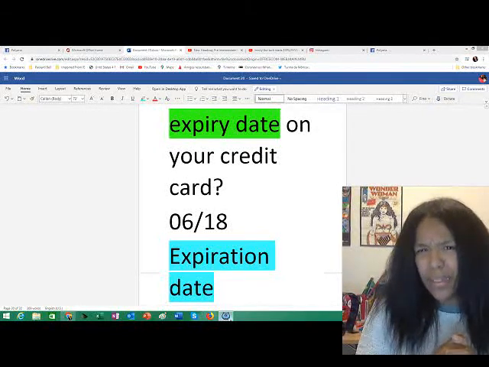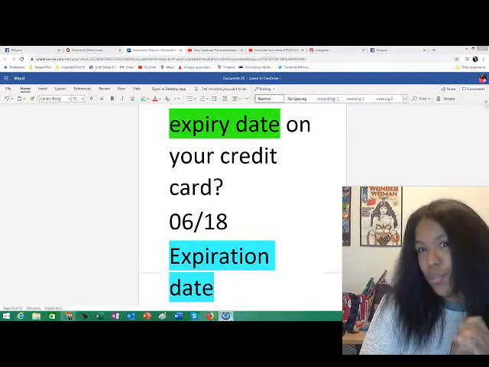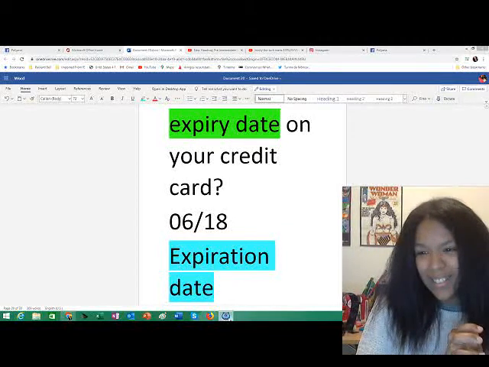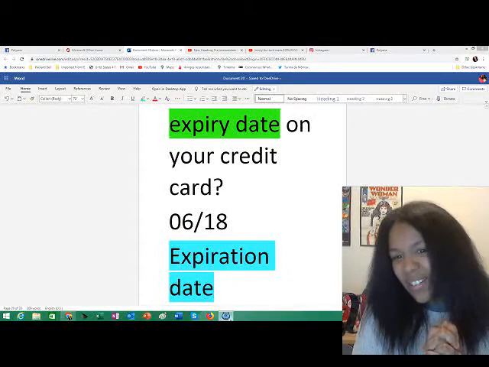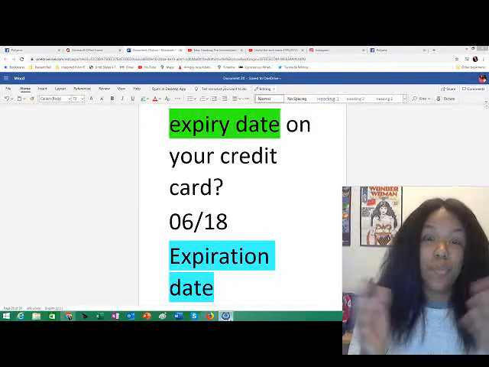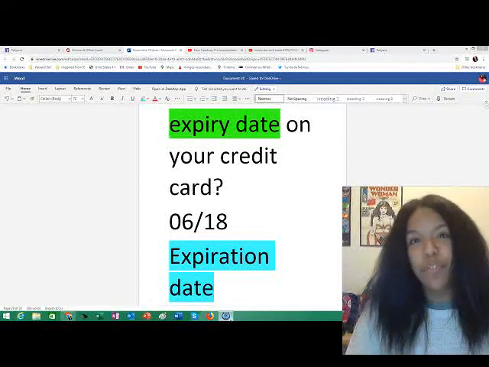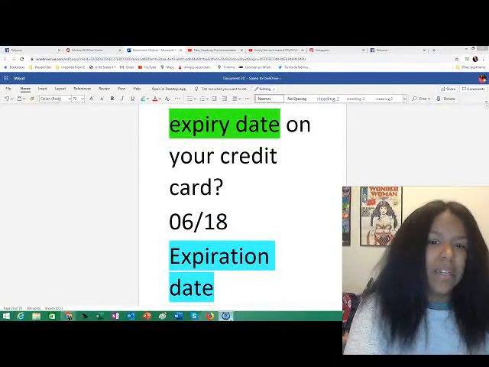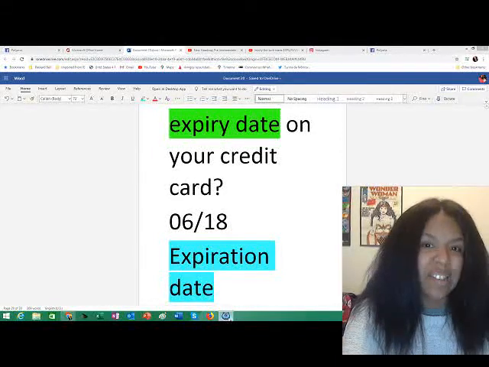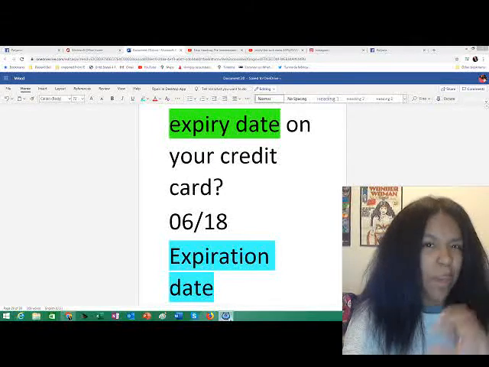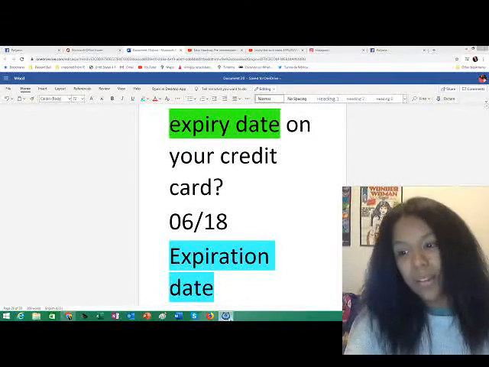Usually, it might still be good if you keep it in the refrigerator, but maybe not. For example, you buy milk and it says best before that date. Nowadays, they don't really use expiration date as much as they use best before a certain date.